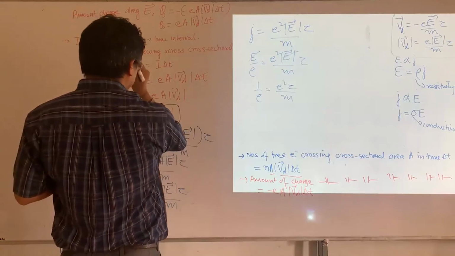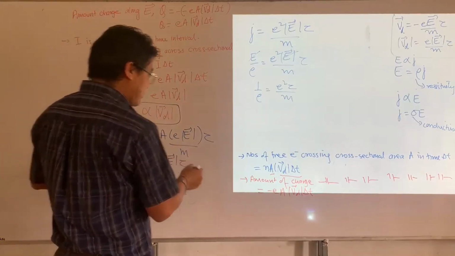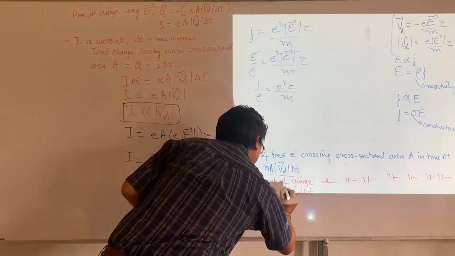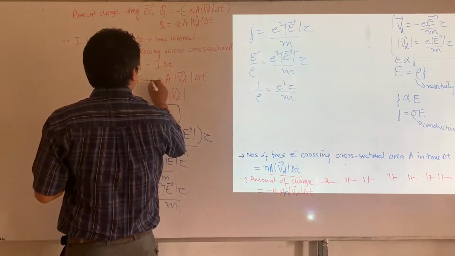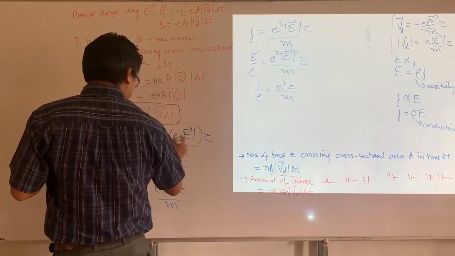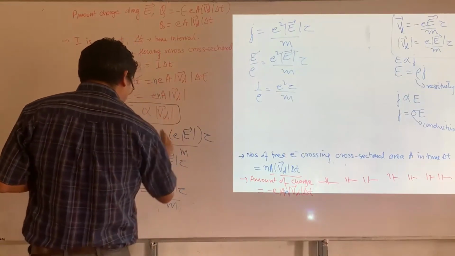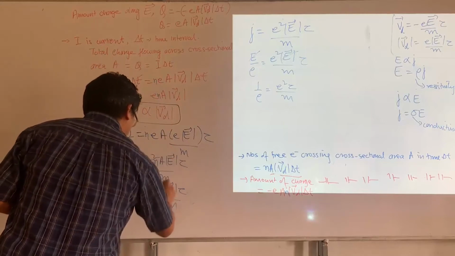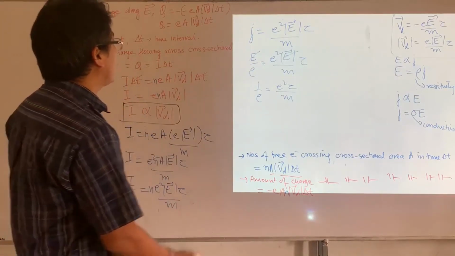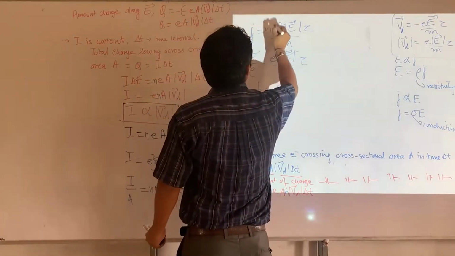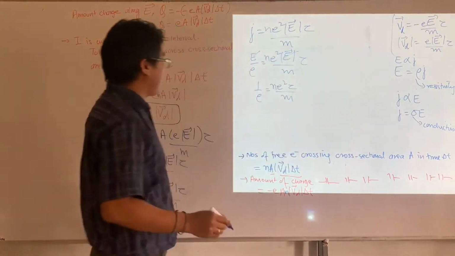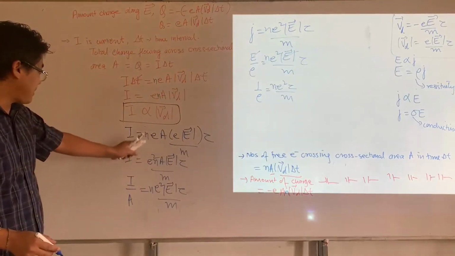N is missing here, I'm very sorry. Here is N, number density. So this is what I missed.